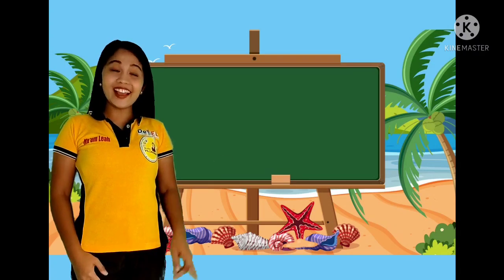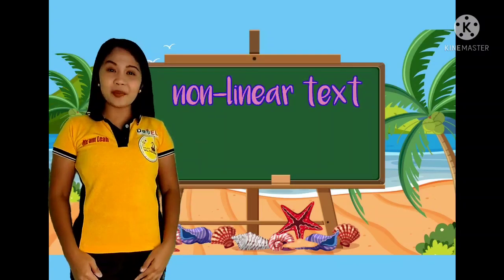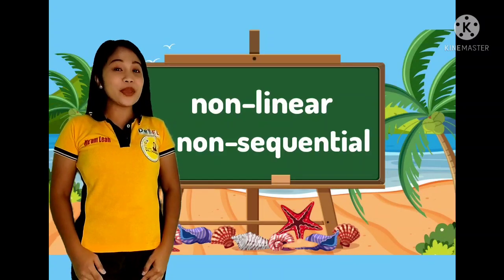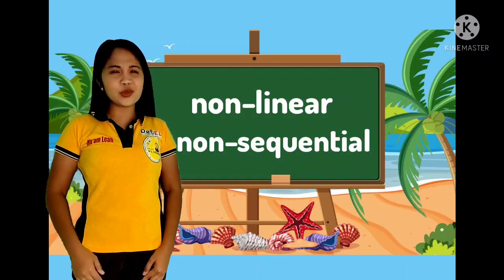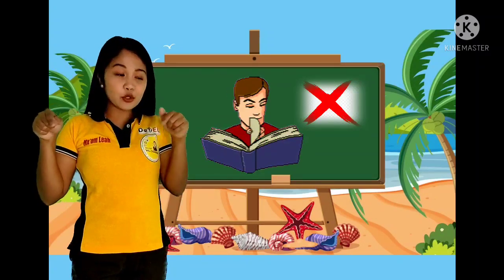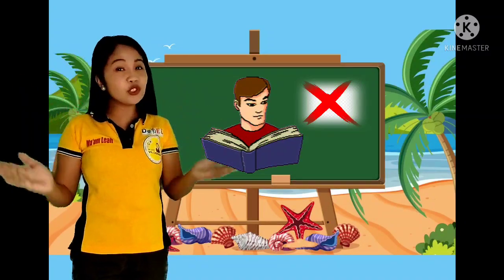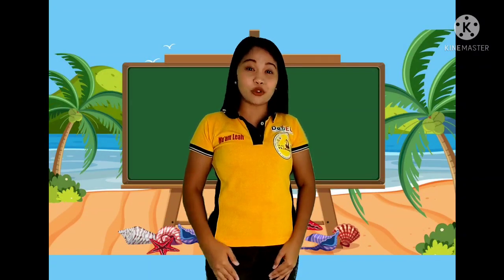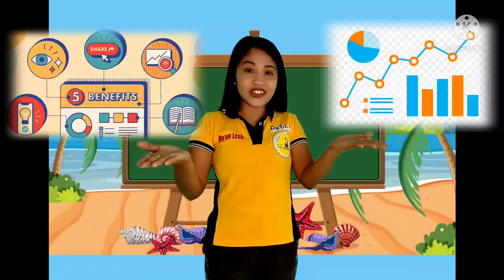On the other hand, non-linear texts are opposite of the linear text because it is non-linear and non-sequential, meaning to say we don't need to read from beginning up to the end just to understand the whole thought or the story because it is presented through visual presentations or graphs.